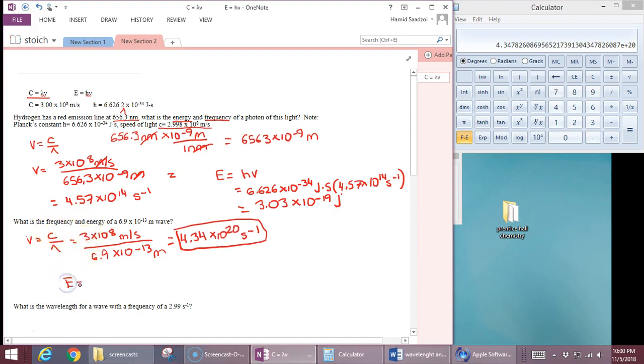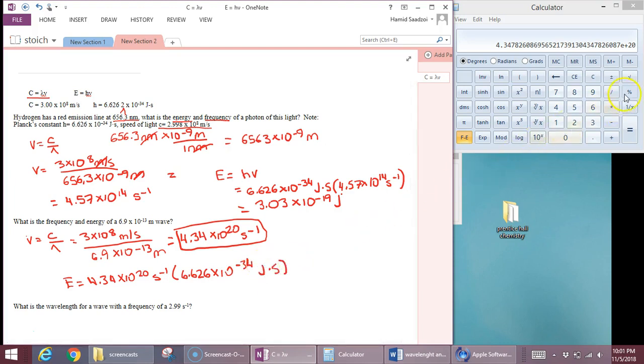So E is equal to that big number you just came up with, times 10 to the negative 1, times 6.626 again, times 10 to the negative 34 joule seconds.